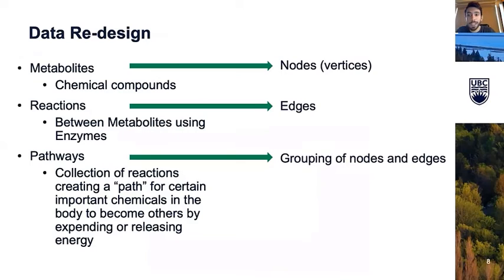Another change was that we redesigned the whole data structure on the back end. It used to be just lists of metabolites and reactions, but we implemented graphs, which essentially replicate nodes and edges, edges being the connections between nodes. You have to imagine a big network of nodes and edges where you can go from one to the other.